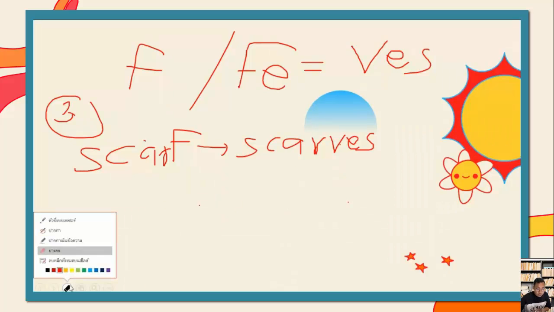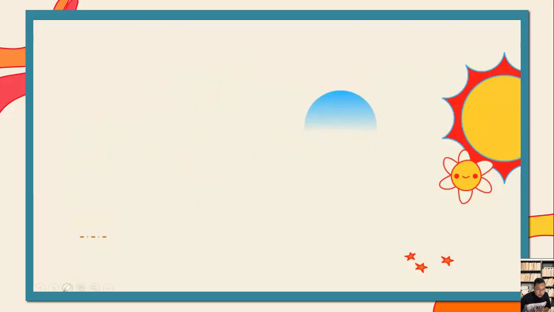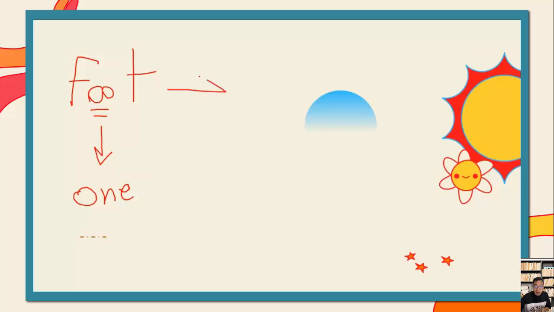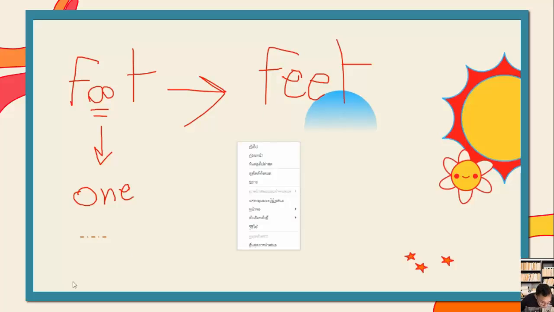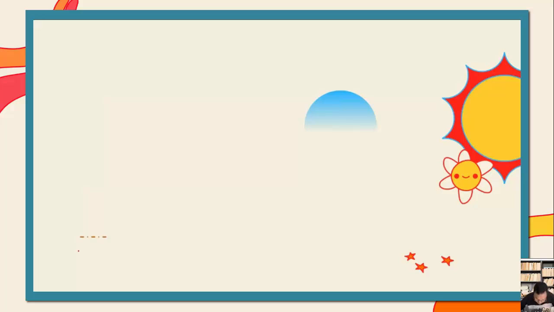Food is a regular noun, one food and one foods. เท้าข้างเดียวใช่หรือไม่ because it's spelled with o means one. ถ้าเท้าสองข้างใช้อะไร f e e t, feet.